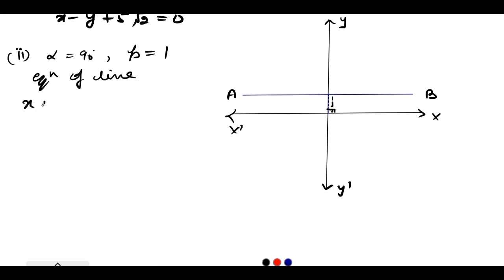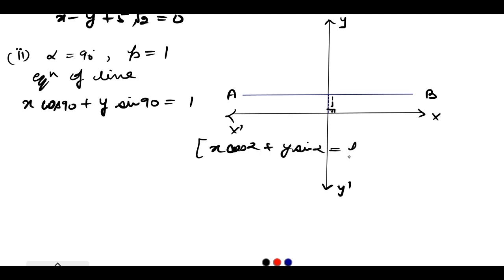That is x cos alpha plus y sin alpha is equal to P. Cos 90 is 0, sin 90 is 1. So the equation of line is y is equal to 1. Since it is parallel to x-axis, its equation will be y is equal to k.